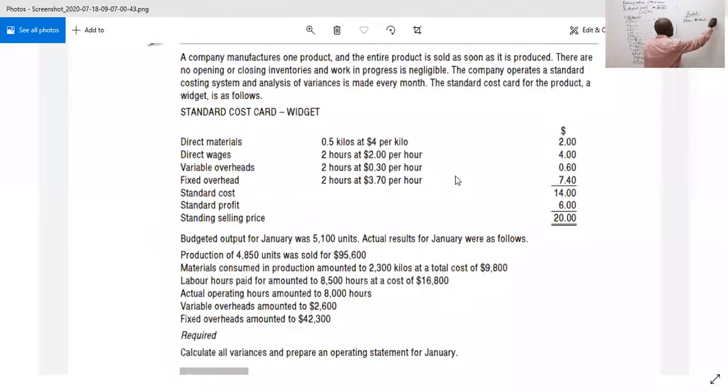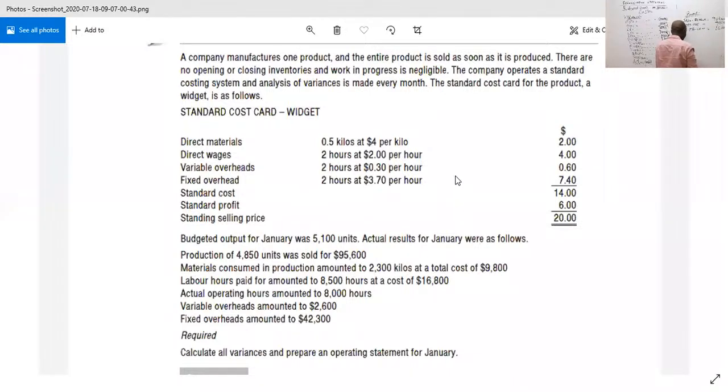I'm able to see 95,600. And then I have material costs. As an accountant, I can see material cost there is 9,800. And then I can see labor cost of 16,800.